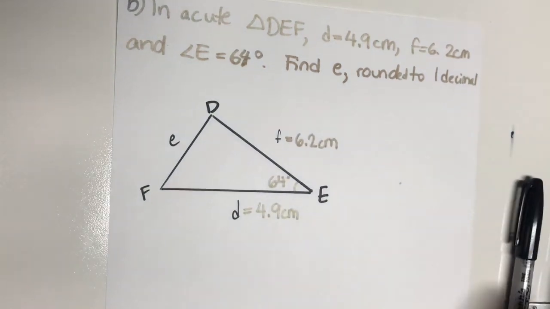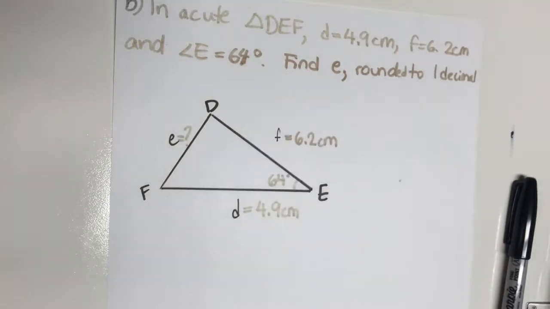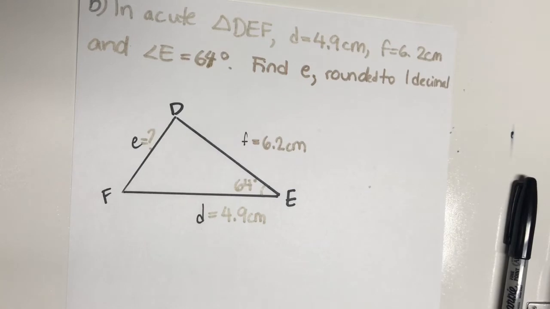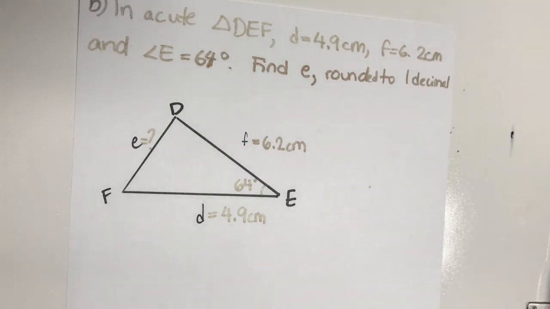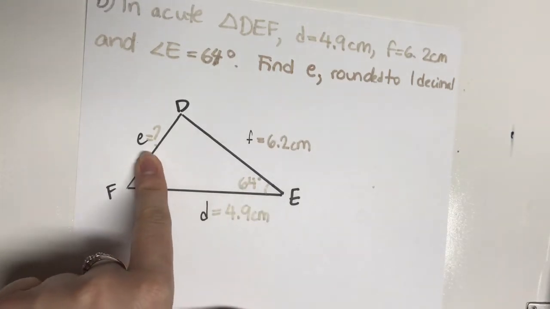So I'm trying to find E. So whenever you're looking for a side length, we're going to use a slightly different formula. It's actually the same formula, it's just rearranged. So in this case, I'm looking for side E.